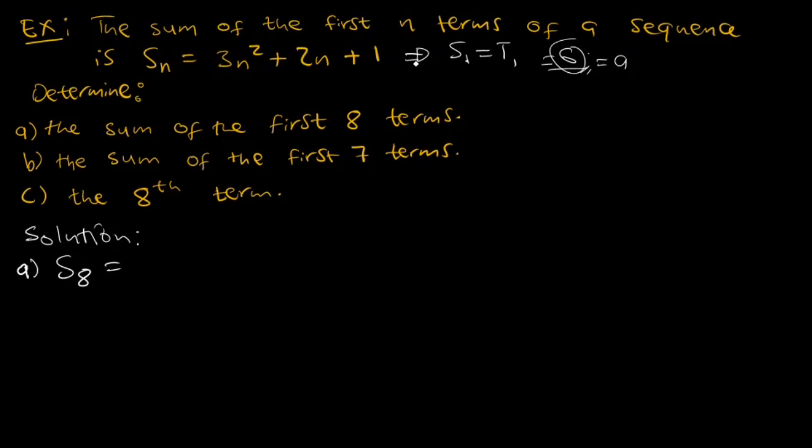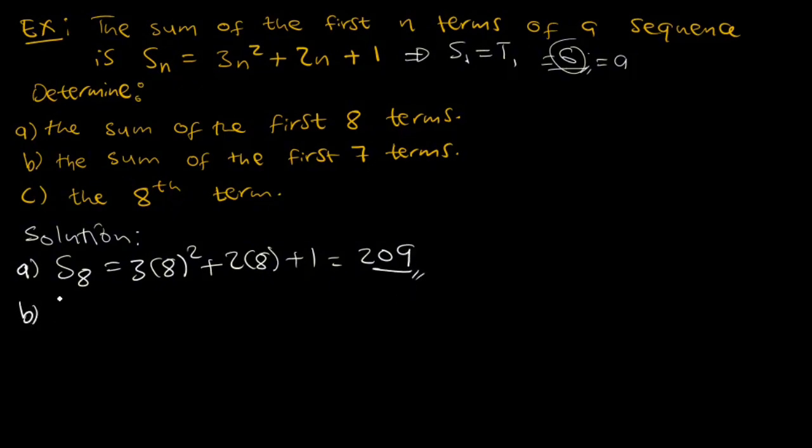You already have that as your general nth term series equation. So this is the value of n. I have 8 squared times 3, plus 2 times 8, plus 1. Now punch that into your calculator, you get 209.